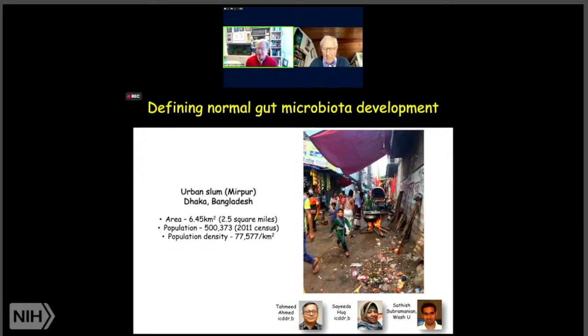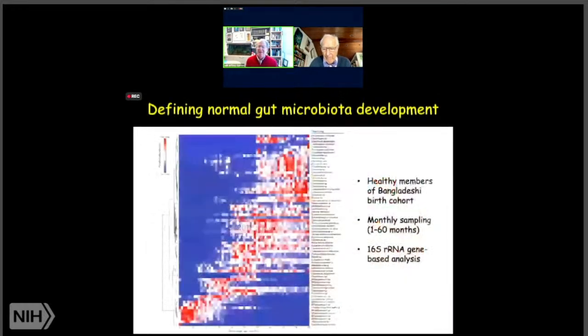And then the application of culture-independent methods that Dr. Arias had described, using the bacterial 16S ribosomal RNA gene as a barcode of bacterial life, and classifying organisms based on the 16S sequencing results.